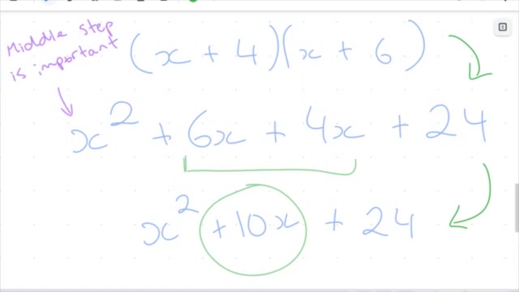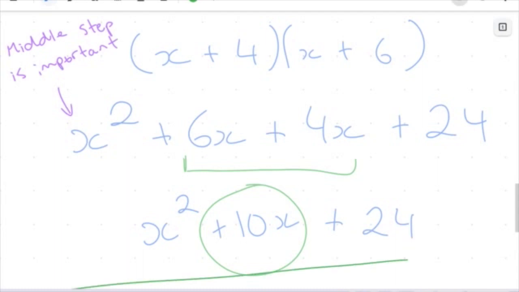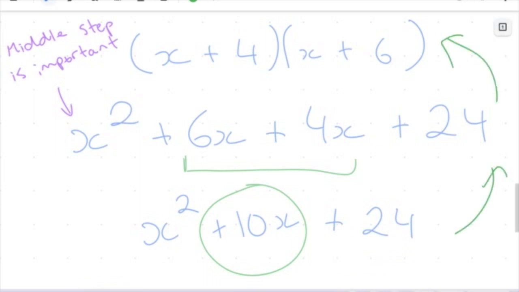Now, what we're going to be doing is we want to factorize. So we want to go the other way. And factorizing, if you remember from all of our previous videos, starts with an expression and we are trying to go backwards to break this down into a factorized form.